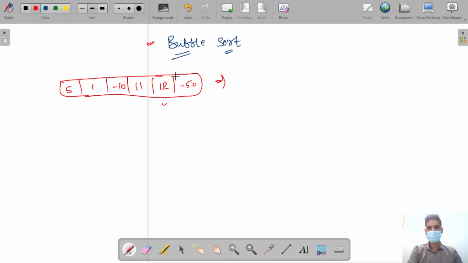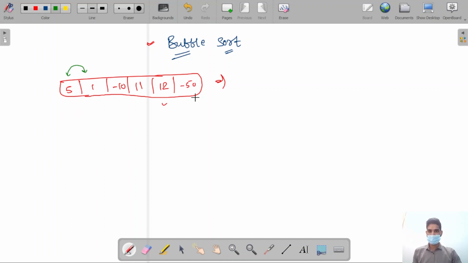Let's see the algorithm. In the first iteration, we start from the 0th index and compare 5 and 1. These two get compared, and since 5 is bigger than 1, we swap the two values.